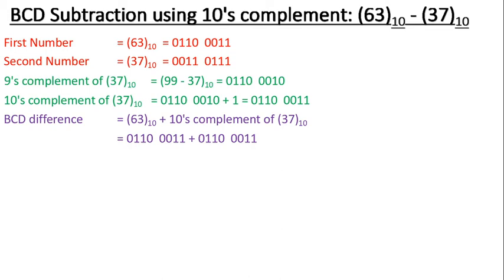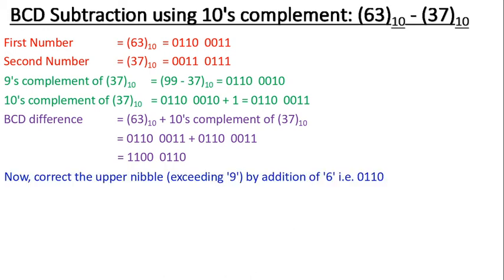Once we carry out this addition, the sum obtained will be 11000110, which appears in this line. So the BCD difference is obtained here.